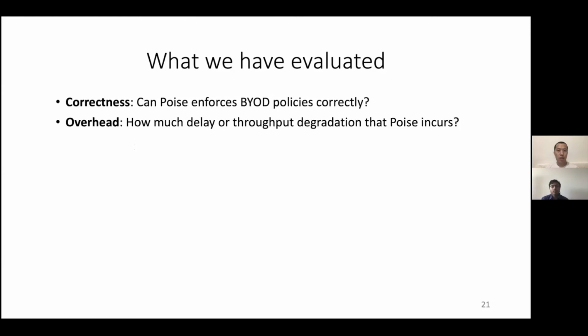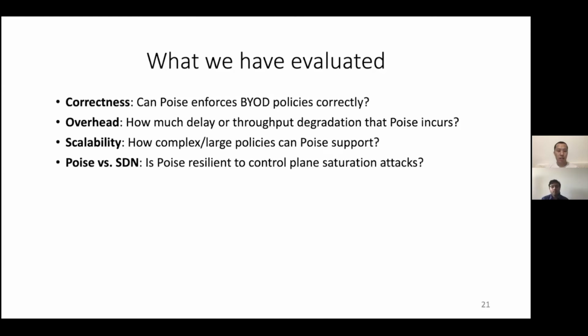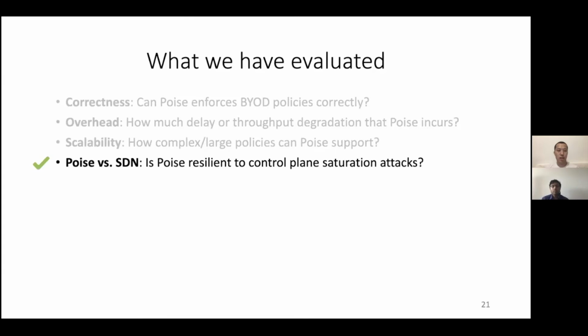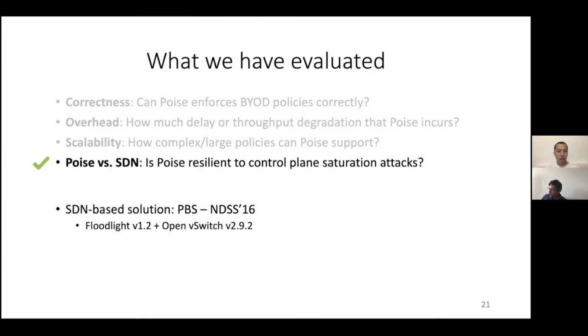We have evaluated many properties, but in this talk, we're going to talk about the most interesting one, which is why Poise is resilient to the control plane DOS attacks we have mentioned. So we take the SDN-based solution, which is the PBS. It enforces BYOD decisions using SDN infrastructure.